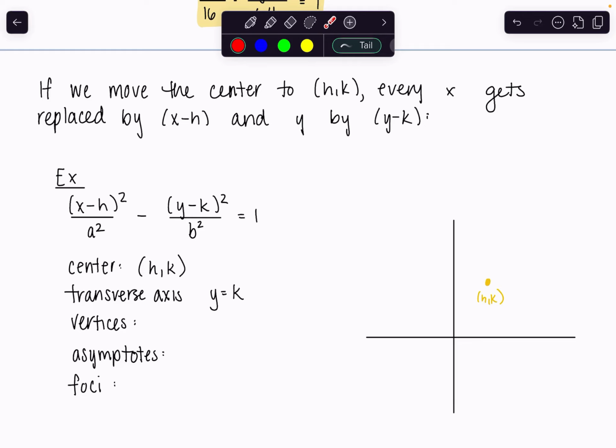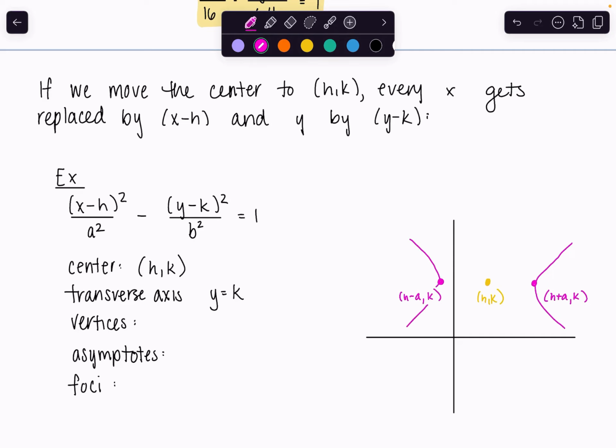To find my vertices, I start at that center, and I only am going to move in the x direction, a distance of a. So I'll go to the right a distance of a, and what that does is it adds a in the x coordinate. Then we go back a distance of a, so in that case we would subtract a from the x coordinate. And then we'd have our hyperbola doing something like this.